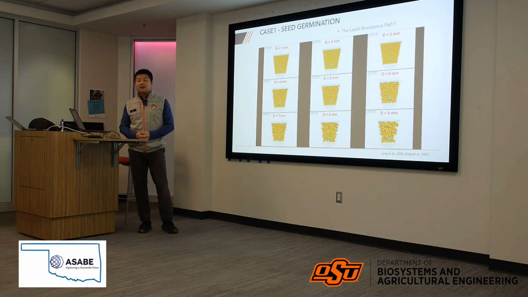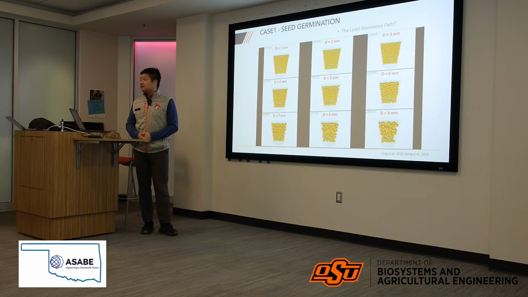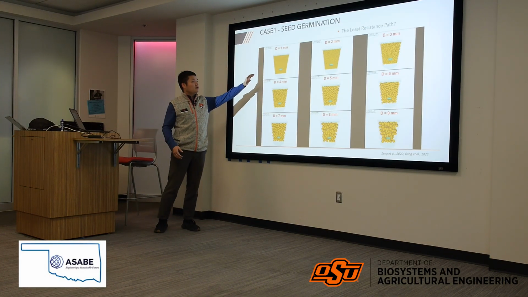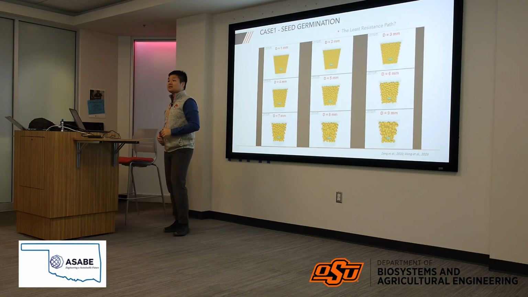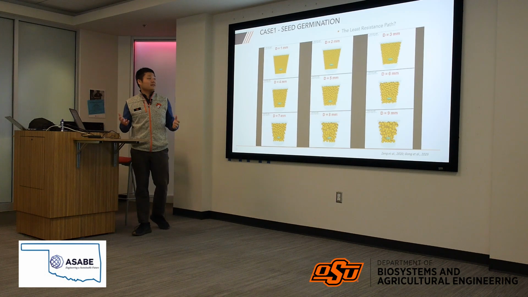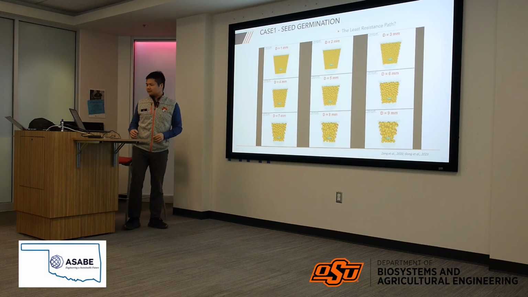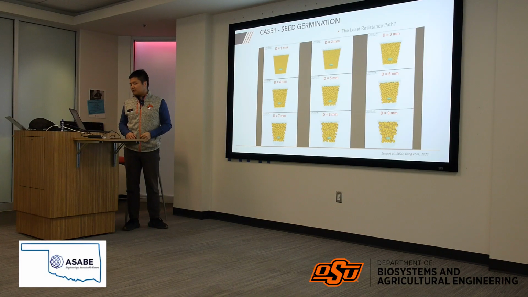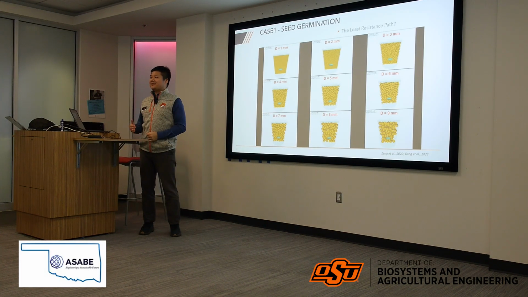And here, one of the applications we did was changing the soil particle size to simulate the soil from more clayish to sandy soil, right? Again, this is a very simplified model. It doesn't have all the things you would imagine in the real world. But here is what we want to know: does the seed follow the least resistant path?